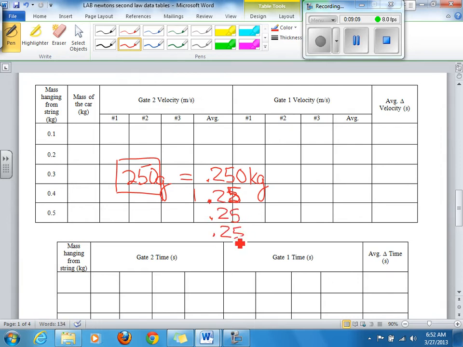Well, at least you should have. So if you add all those together, the mass of your car is 1.0. Some of you kind of messed that up, so you're going to want to change that. With this part of the experiment, you should not have changed the mass of your car. If you did, I've got data that you can borrow. Probably should have read the lab a little bit more carefully to pick up on that part of the lab.